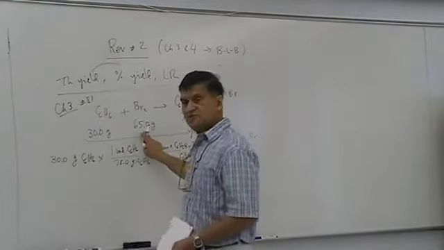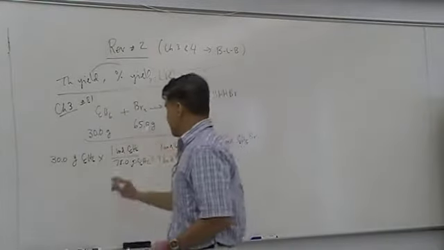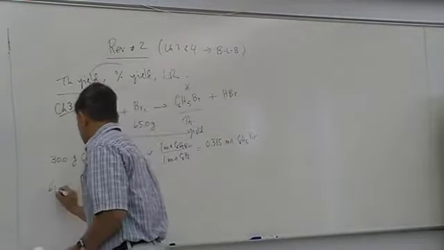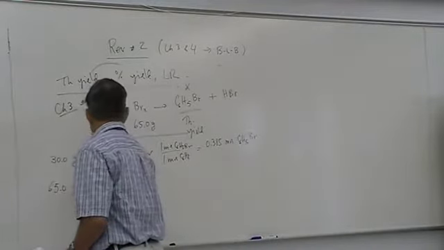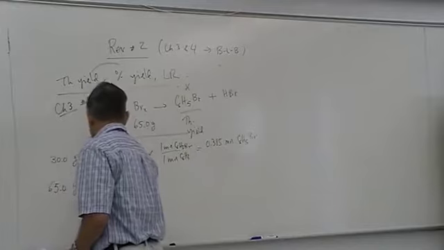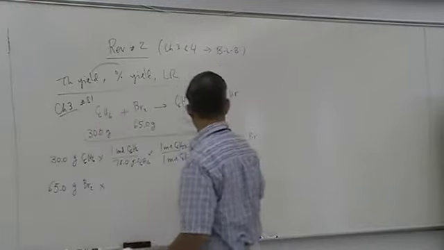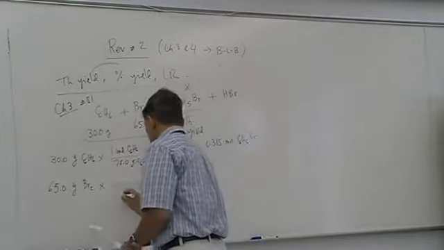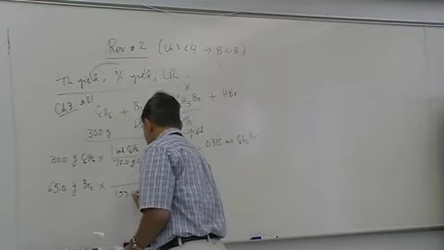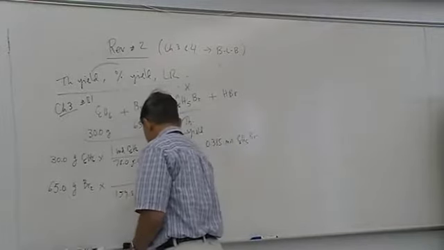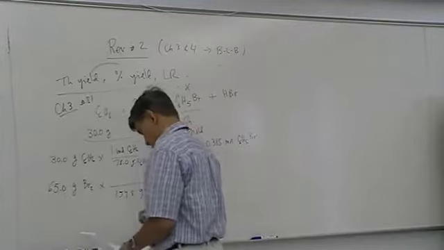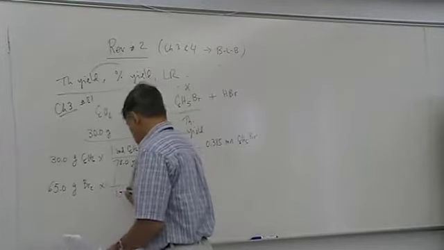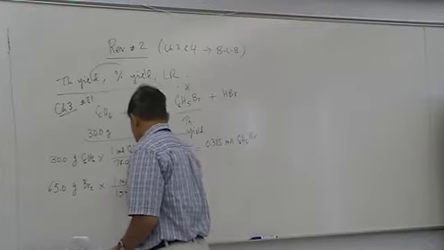Now next you assume the same thing for Br2. If 65.0 gram Br2 completely reacts, let's calculate how much of C6H5Br we get. 159.8 gram of Br2. I calculated these numbers, but I'm copying now. 1 mole Br2.